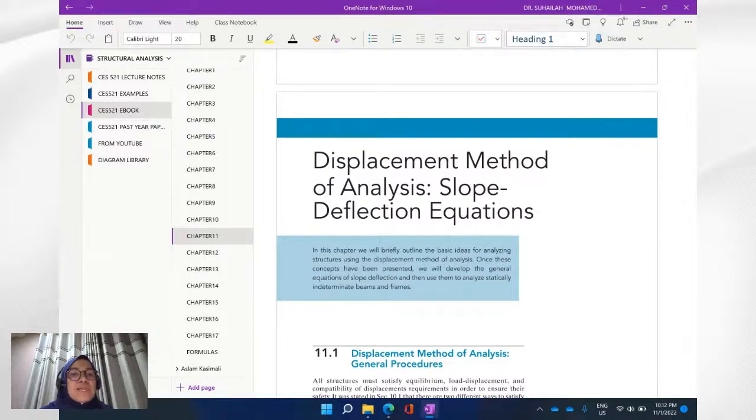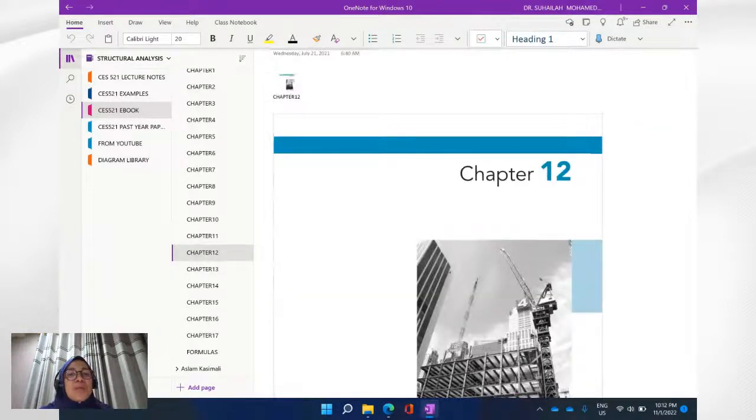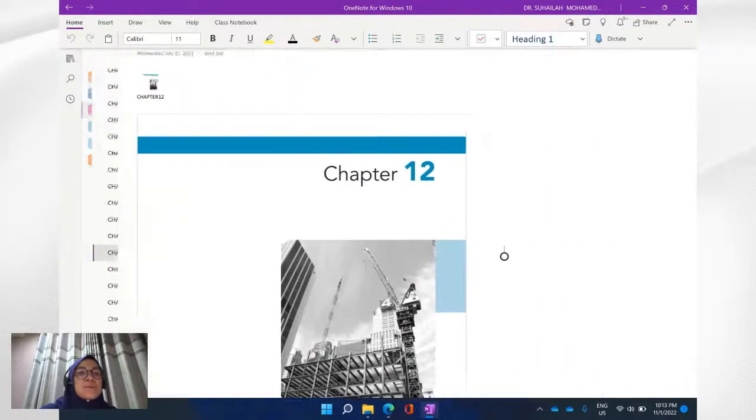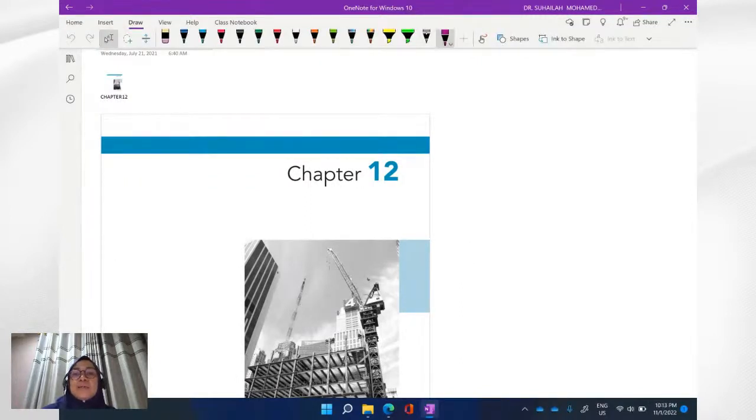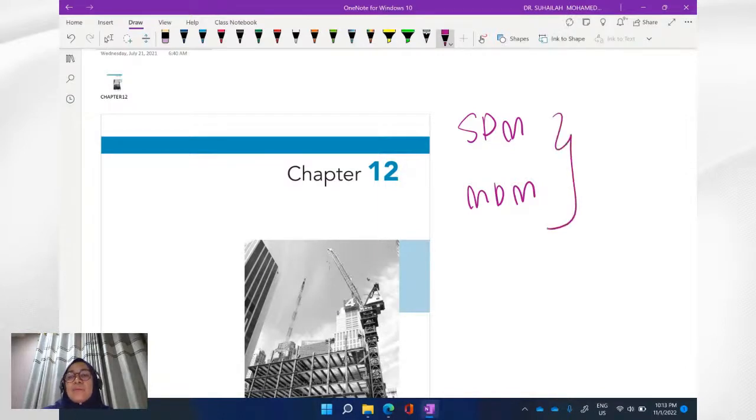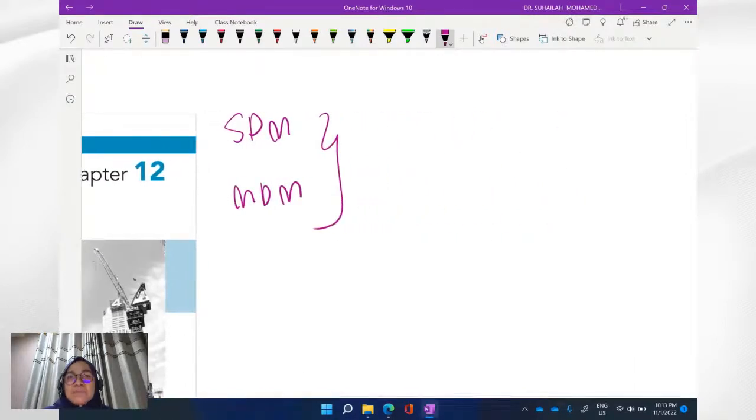So both of these, whether it is slope deflection method or moment distribution method, actually have the same outcome, where we need to calculate what we call member end moment.